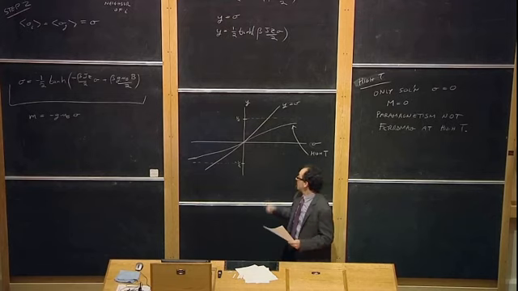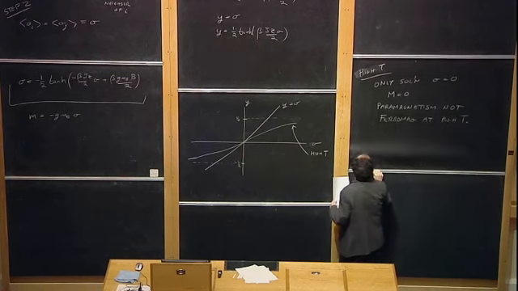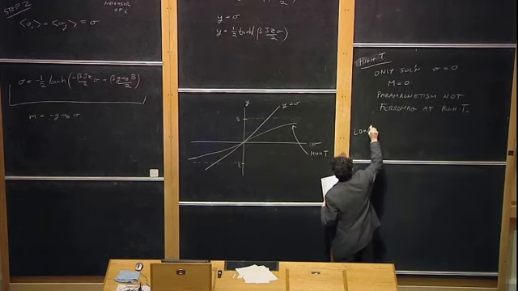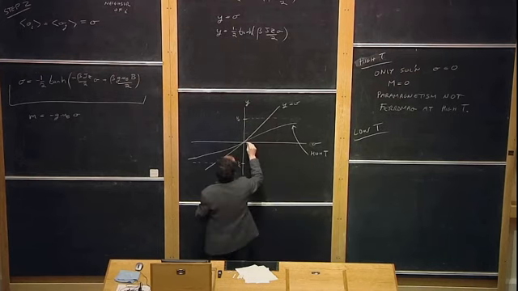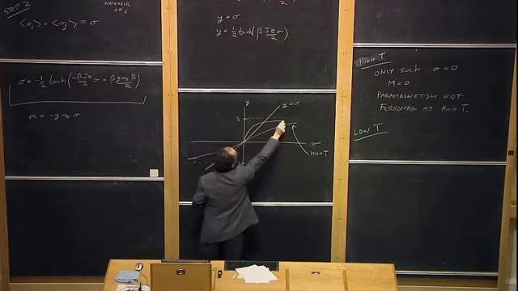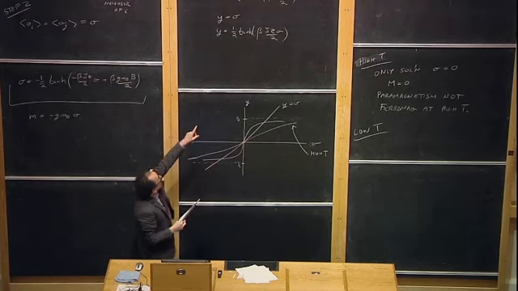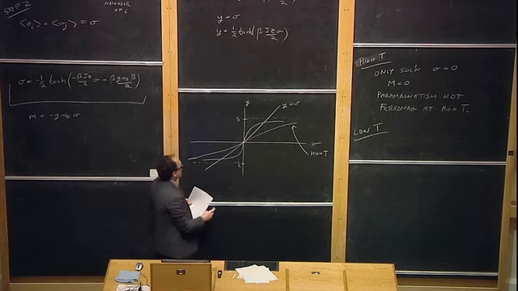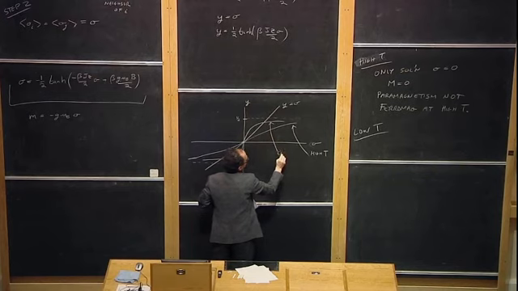Okay? Now the other possibility is that we're at low temperature, so let's think about that possibility. In which case, the hyperbolic tangent is a much steeper curve, like this, because the argument of the hyperbolic tangent is larger, because beta is larger at low temperature. And so, in fact, there are three solutions. So this is the low temperature curve.